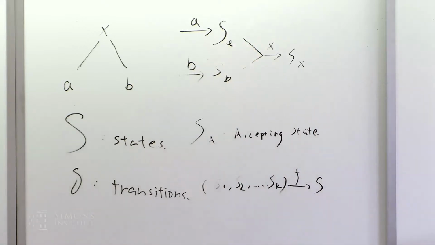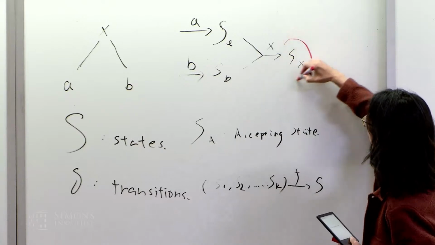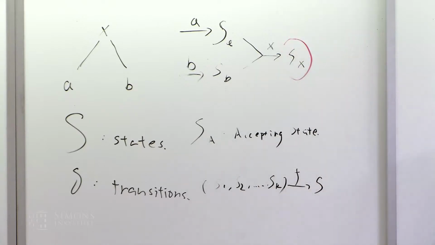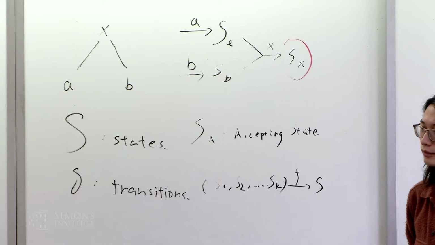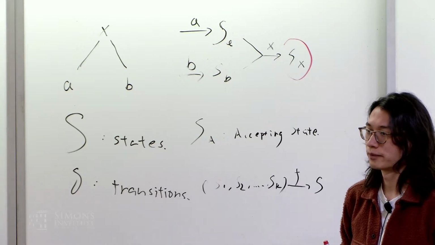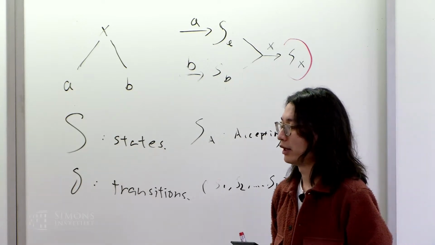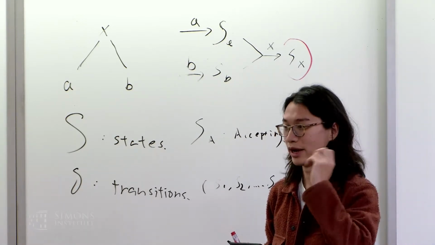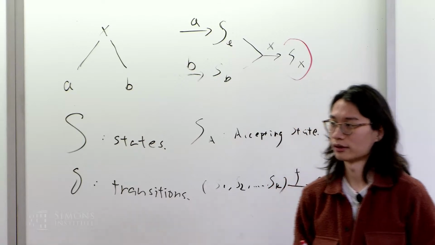And then if we want to accept this tree, the accepting state needs to be this guy over here. Any more questions? The same question, but also, do you have epsilon transitions, where if you need multiple accepting states, you put them all into one? Yeah, we can have them, but for this talk it doesn't matter, so we can ignore those.